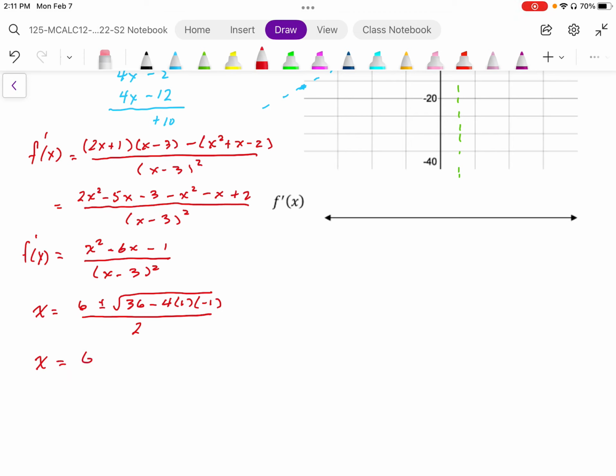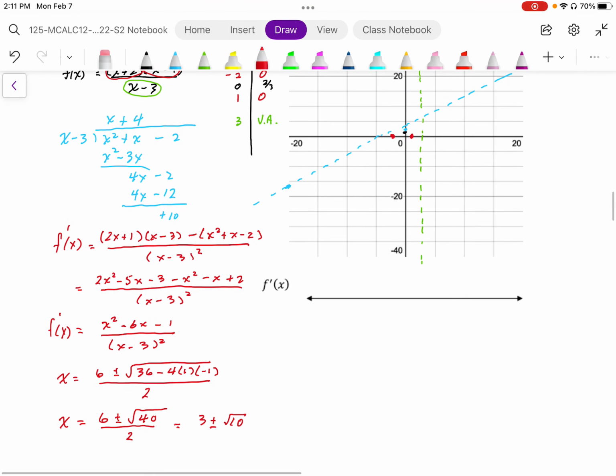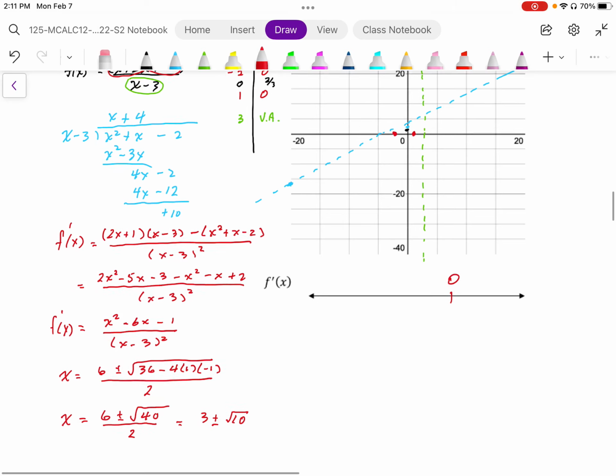Simplifying this, we get x is equal to 6 plus or minus the square root of 40 over 2. This simplifies to 3 plus or minus, the 4 comes out of the root and becomes 2. That cancels with the divide by 2. So we get 3 plus or minus root 10. In our graph, 3 plus root 10 is about 6.2, so somewhere around here we have a 0 slope.